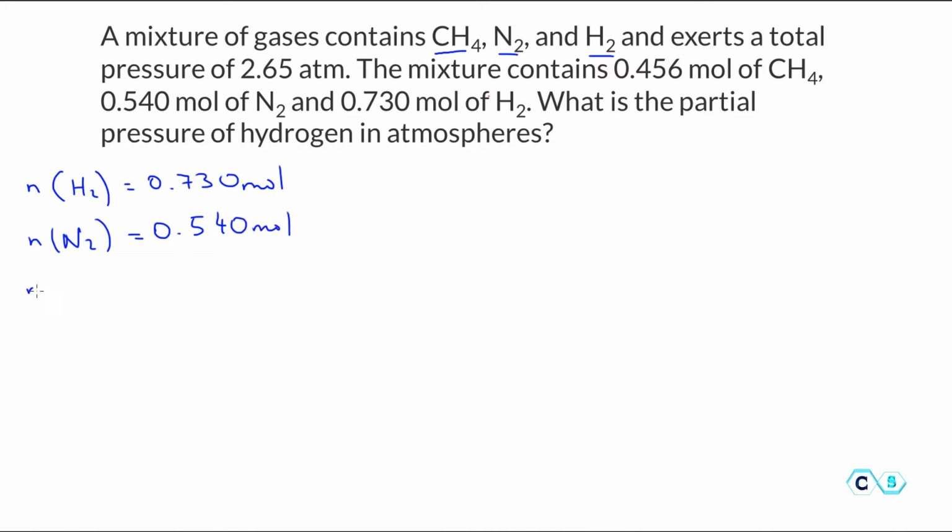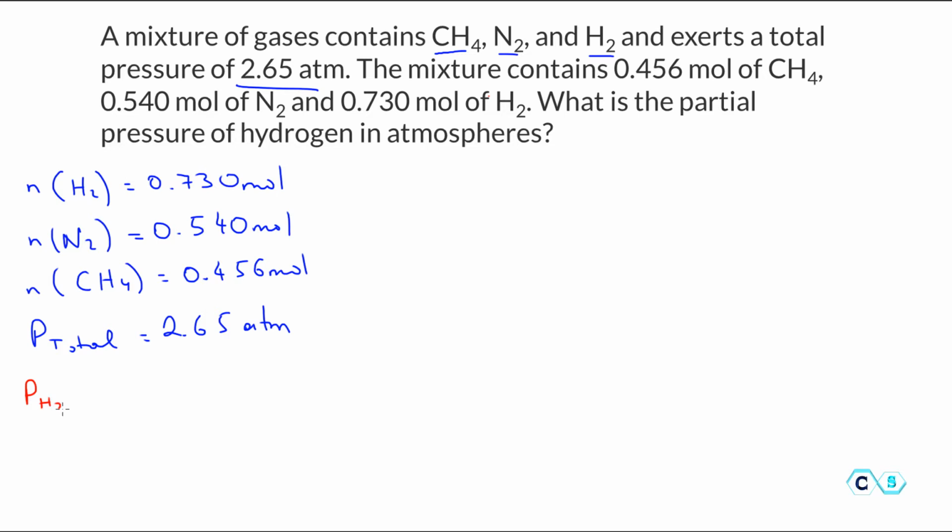We have the moles of the CH4, so this is 0.456. What else do we have? We have the total pressure. Let's write down here, P total is equal to 2.65 atmospheres, and what we're trying to find is the partial pressure of the hydrogen in this system.